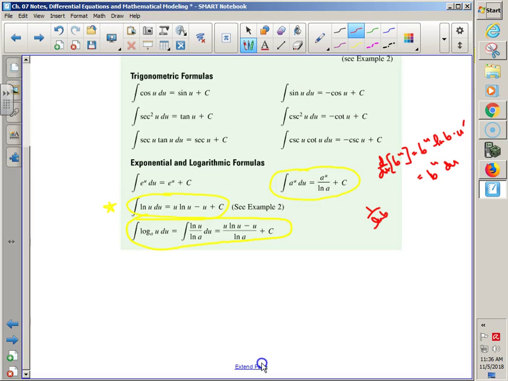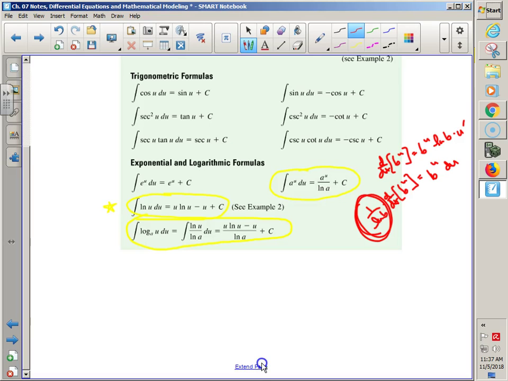We have to offset by the constant. If we just have this, it must have been divided by ln of b. But that's just behind the scenes. But that one is your forever card, right?